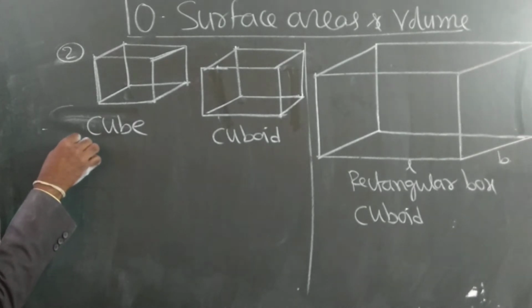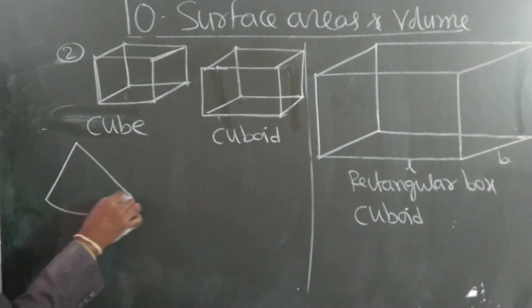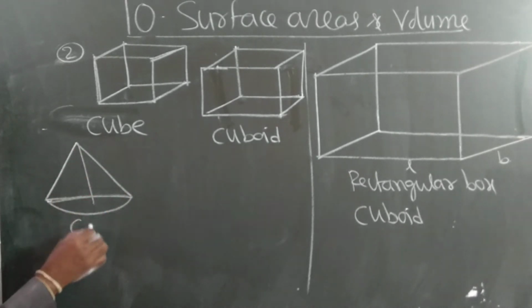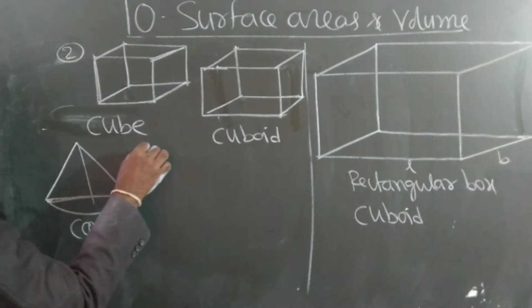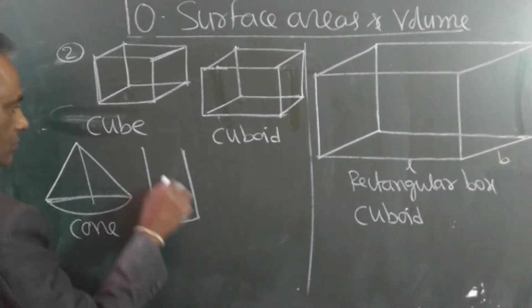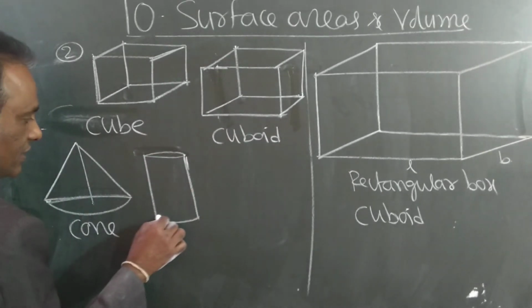Next, if you look at this figure, this is the ice cream cup form. This is called a cone. This is our cylinder. We use this gas cylinder in our kitchen.